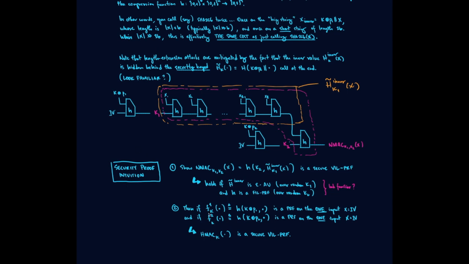If F1 is a PRF on the single input, the IV, we only need for that construction for a secret key K to have random looking outputs for this one input. If that's the case, then K1 is indistinguishable from uniformly random. So this thing actually generates for us a key K1.